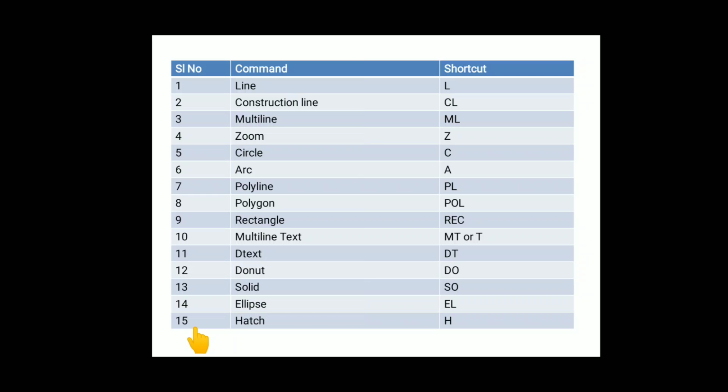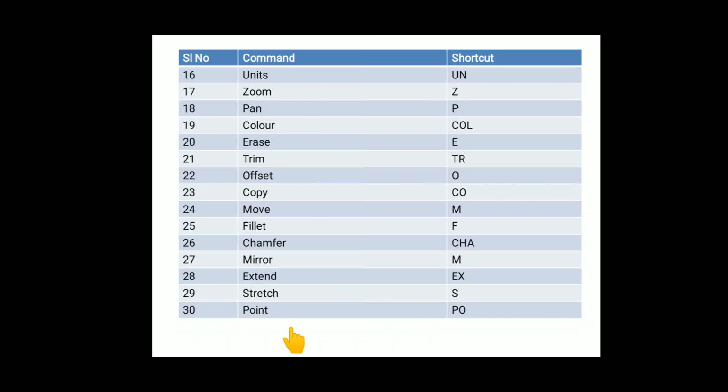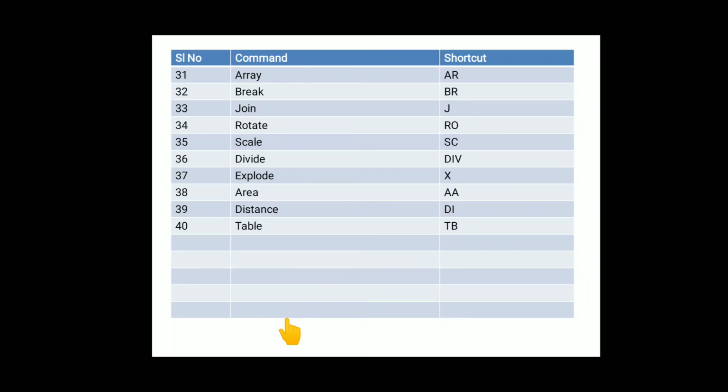Now there are four different categories of tools which you can use for the drawing. One is drawing tools. Drawing tools may include line, construction line, multi-line, circle, arc, polyline, polygon, rectangle, and so on.